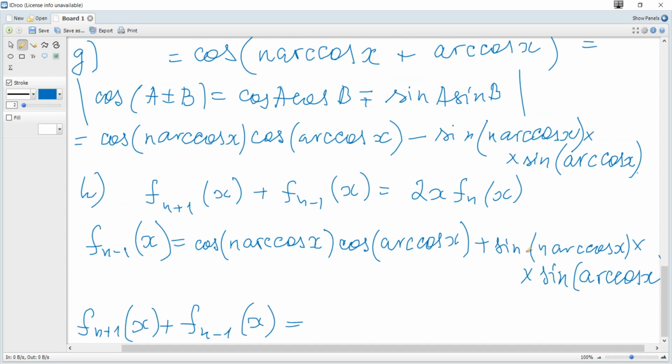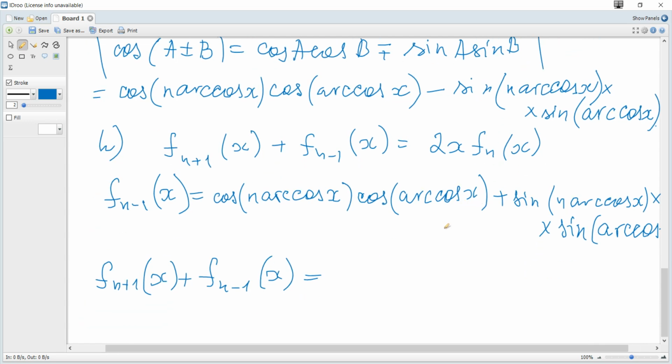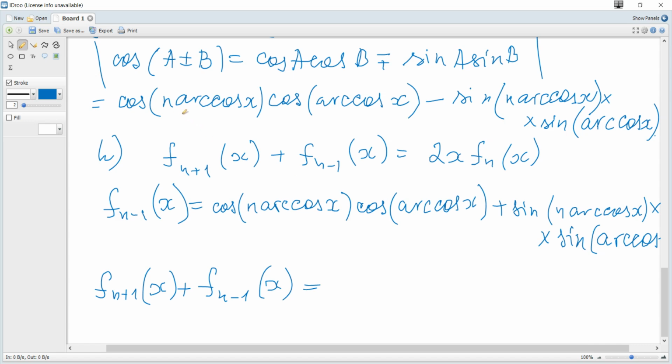We can see plus and minus, this part cancels, so it becomes 2 cosine of n arccos x multiplied by cosine of arccos x, but that is x, so we can write 2x cosine of n arccos x.